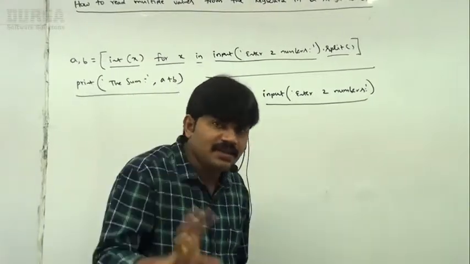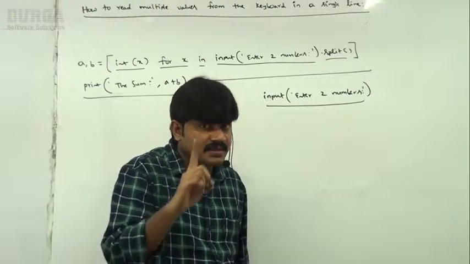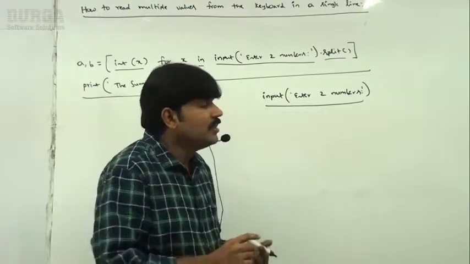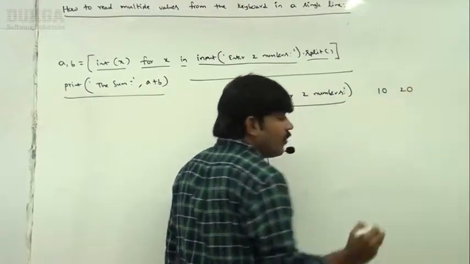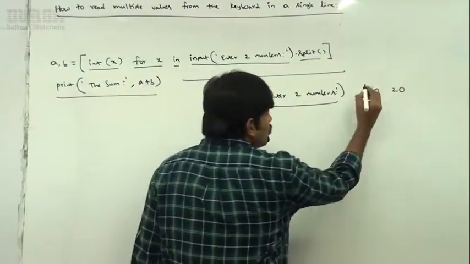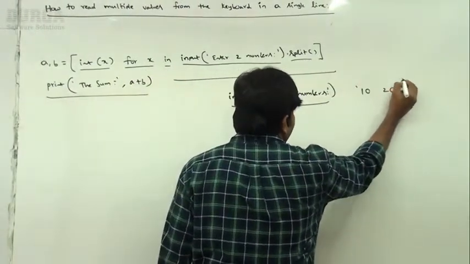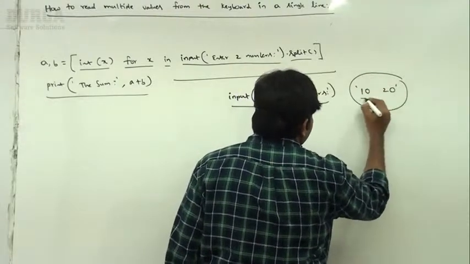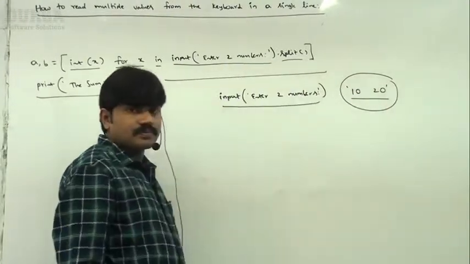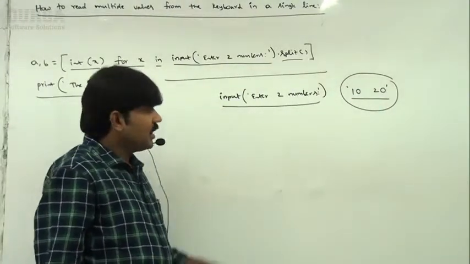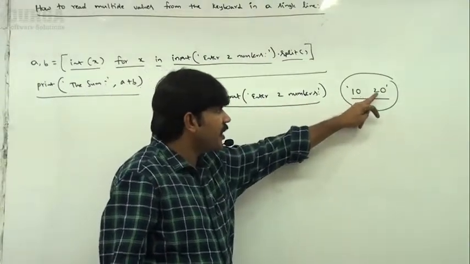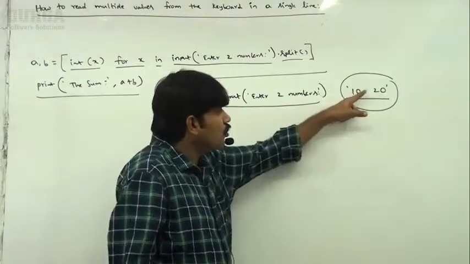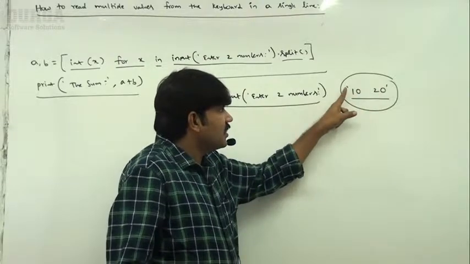Whatever you provide, it is treated as a single string only. Suppose I provided 10 20, this total thing is treated as a single string only. Any doubt about this one? Enter two numbers, whatever you provided, 10 space 20 I am taking, this total is considered as a single string only.